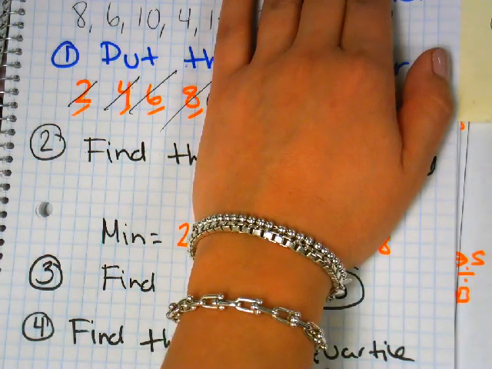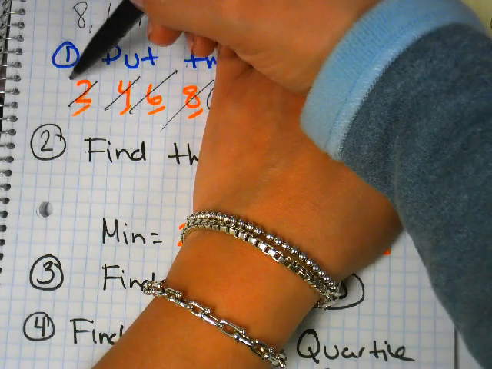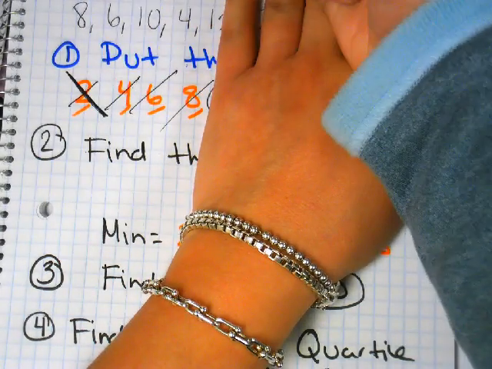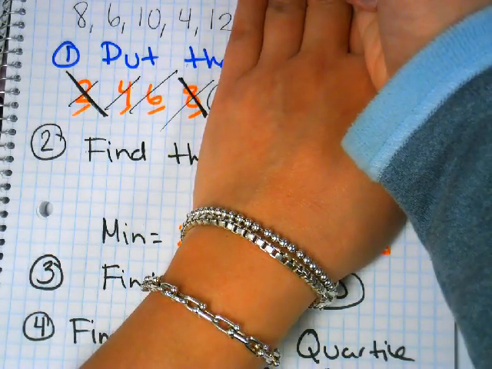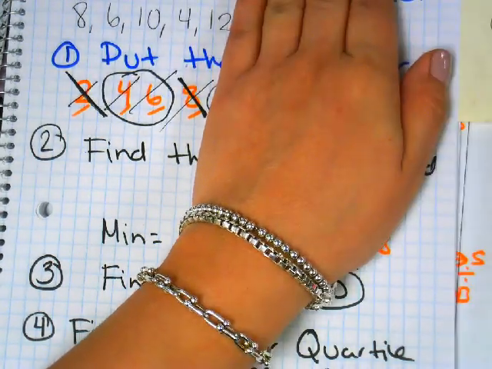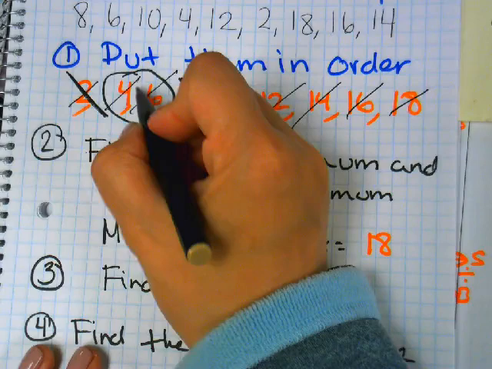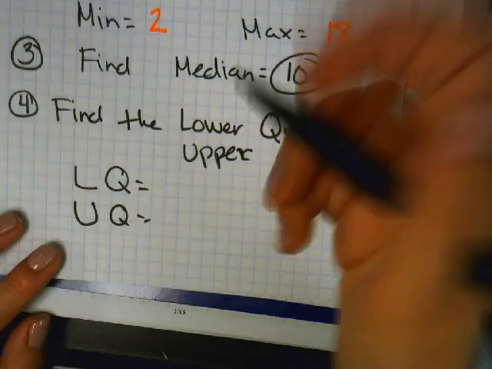So the middle number of the lower part. So cross out the 2 again. So you see how I make an X now? And the 8. Oh no. I have 2 numbers in the middle. 4 and 6. What's in the middle of 4 and 6? So guess what your lower quartile is? 5.